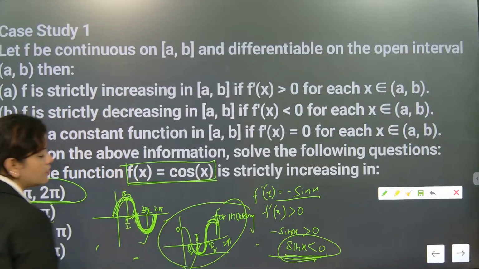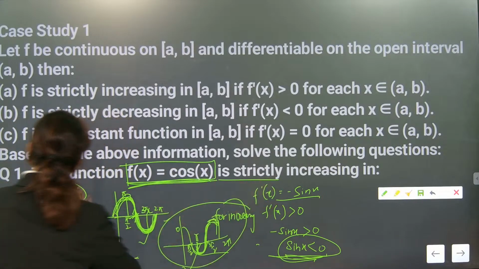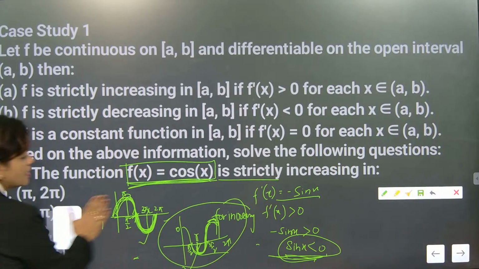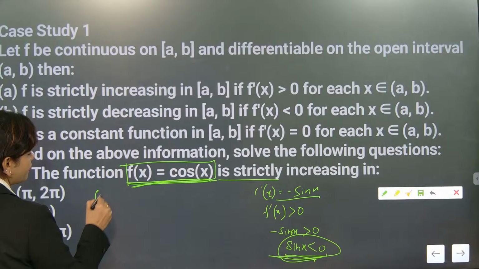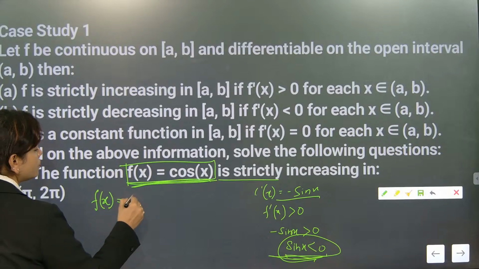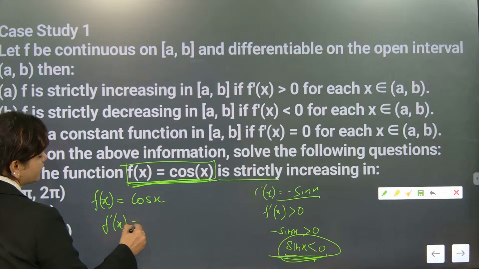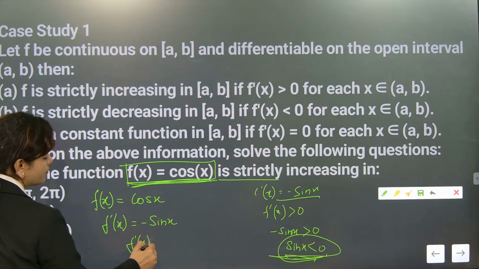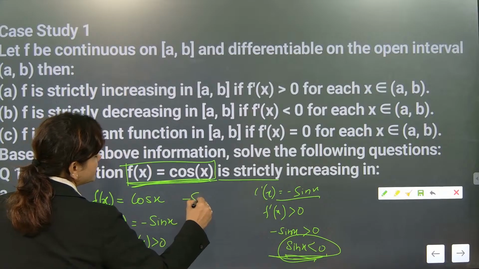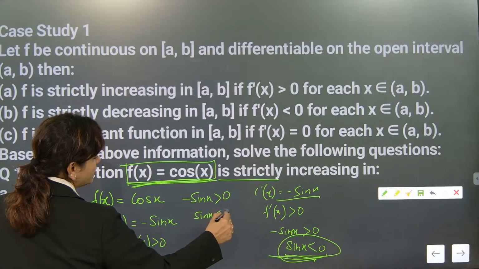f of x is equal to cos x, and f of x equal to cos x will be strictly increasing in which interval? What I taught here is, f of x is equal to cos x. When we differentiate, f dash x will become minus sin x. For increasing, f dash x should be greater than 0. So minus sin x is greater than 0, so sin x will become less than 0.